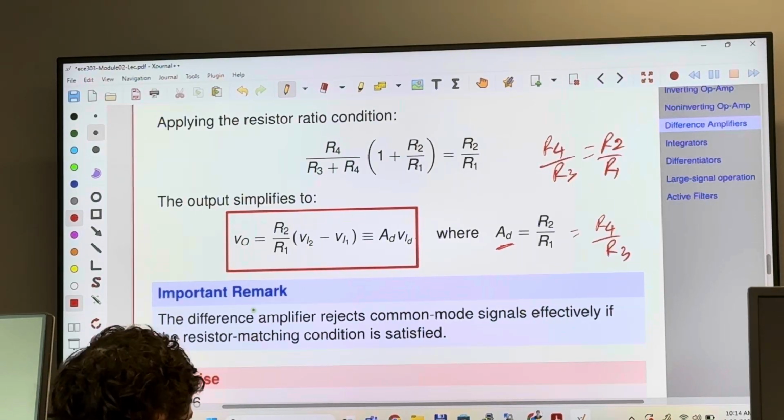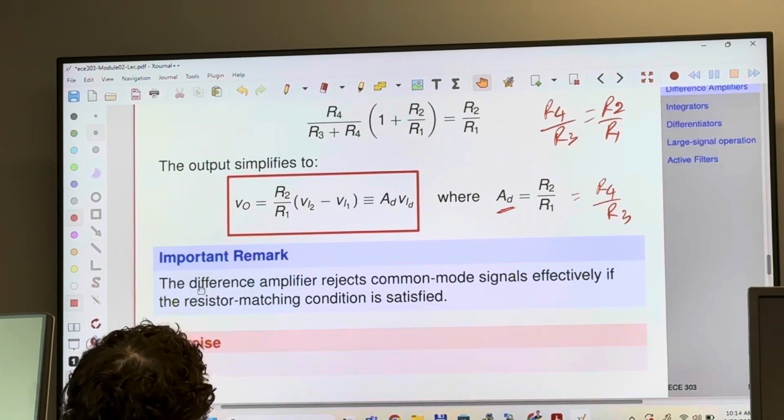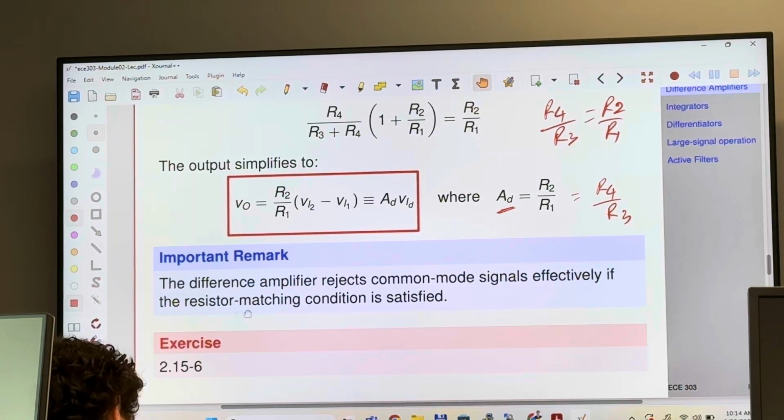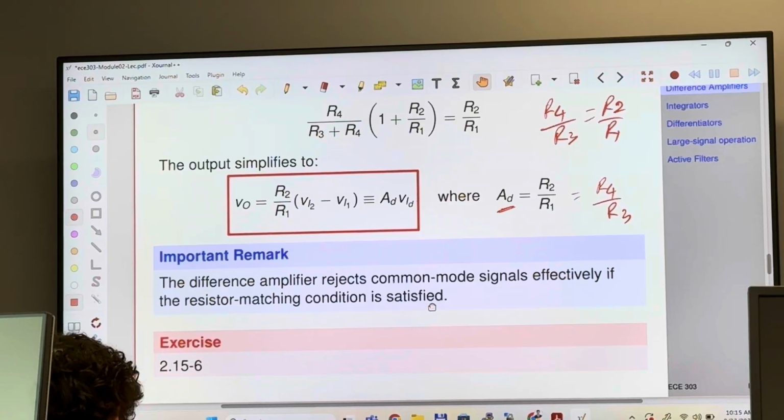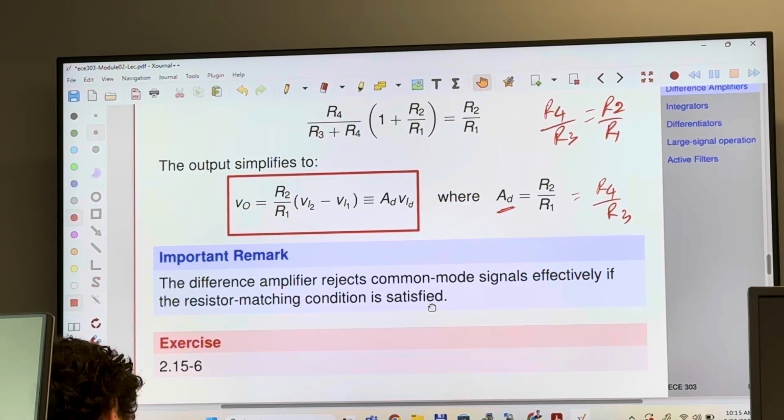Important remark: the difference amplifier rejects common mode signals effectively if the resistor matching condition is satisfied. So we have to make sure the resistor matching condition, R4 over R3 equals R2 over R1, is set. Like that, your difference amplifier will be able to reject noise effectively.